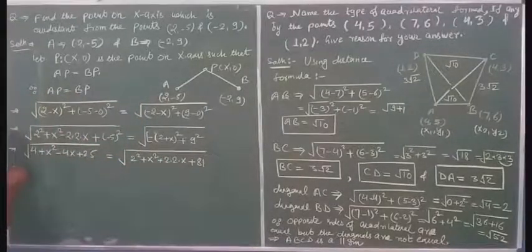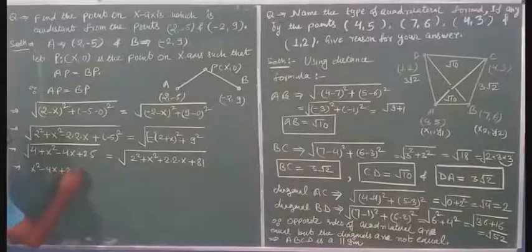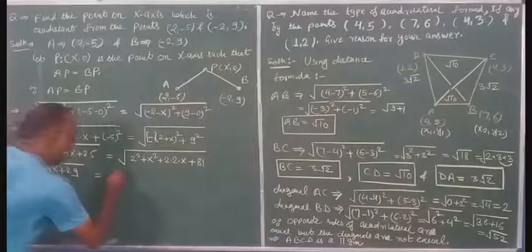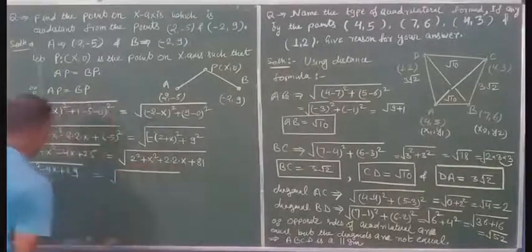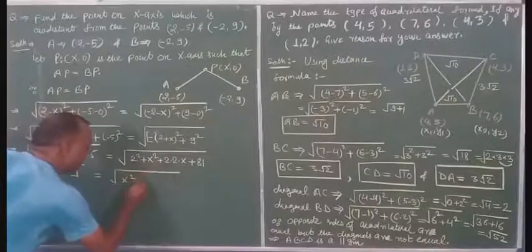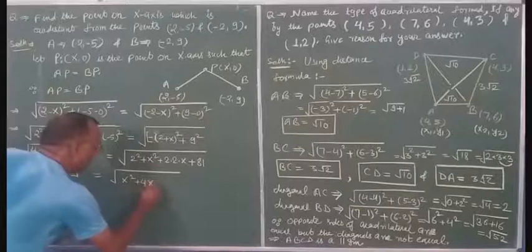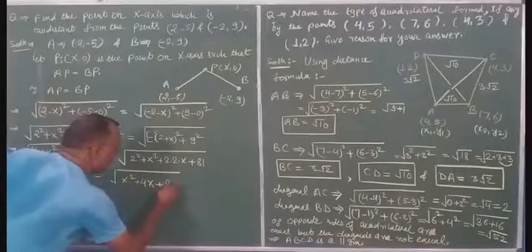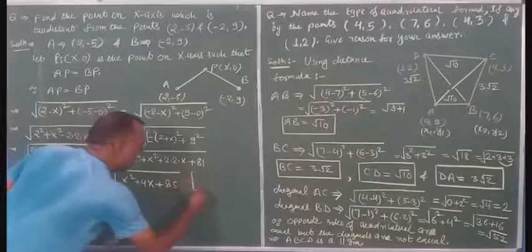So 4 plus 25 is 29: x square minus 4x plus 29 is equal to x square plus 4x plus 81 plus 4, which is 85.